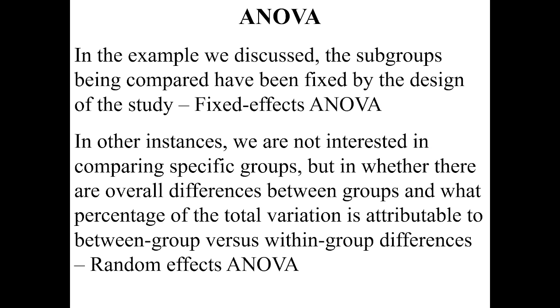In other instances, each group has its own mean, but a theoretical average, and there our focus is not on comparing the specific groups, but on whether there is an overall difference between groups and what percentage of total variation is attributable to between-group versus within-group, etc. We extend ANOVA to random effects ANOVA. This is also frequently used in medical laboratory comparisons.